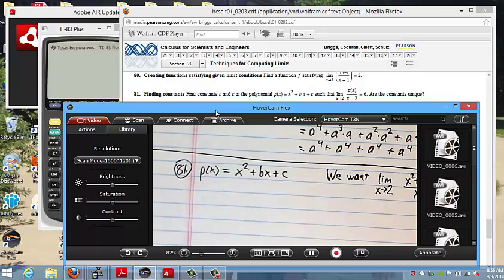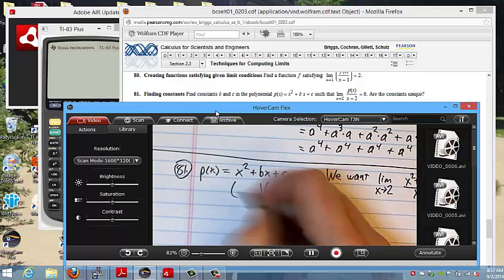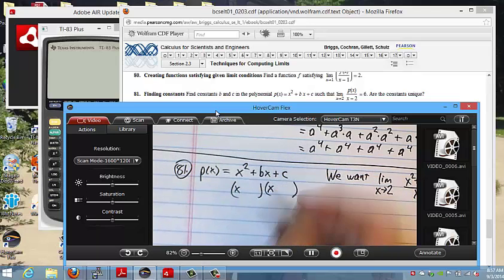But the fact that it's going to exist tells me something about what we want to have happen with this polynomial. We want it to be that you can take that polynomial and factor it. And what do we want one of the factors to be?